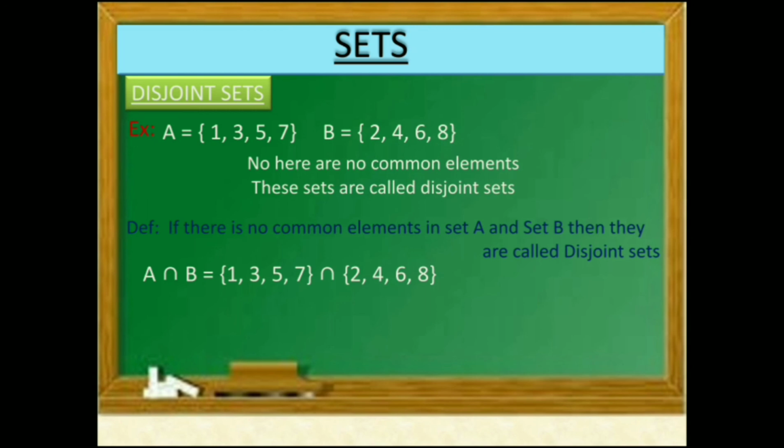To find A intersection B, we have to think about what the common elements are. But here there are no common elements. That's why it is the empty set. So we can say: if A and B are disjoint sets, then A intersection B should be empty.